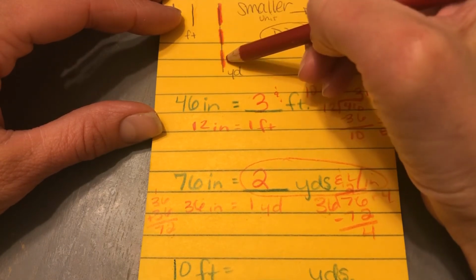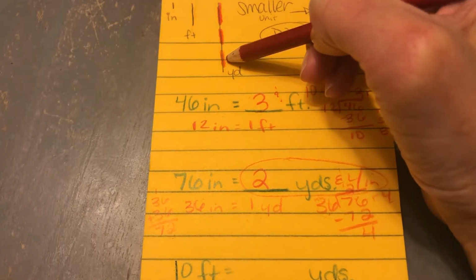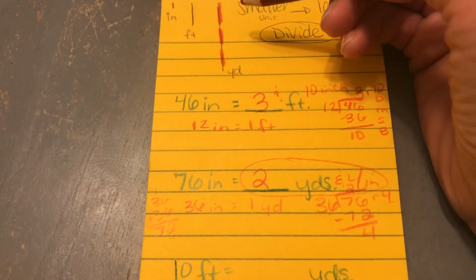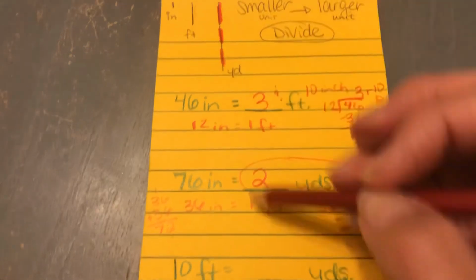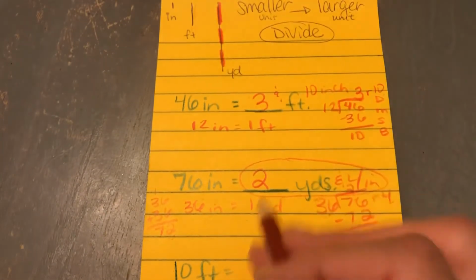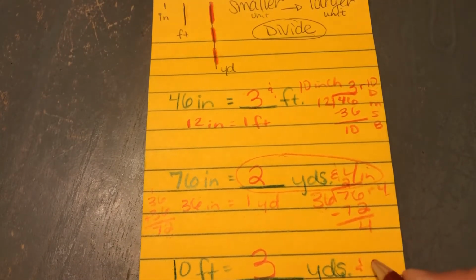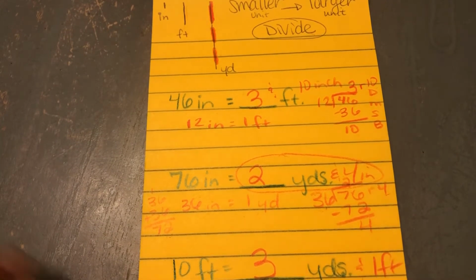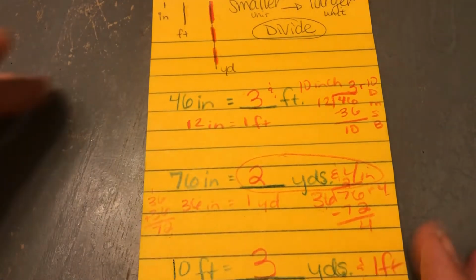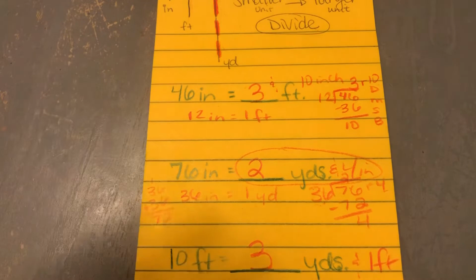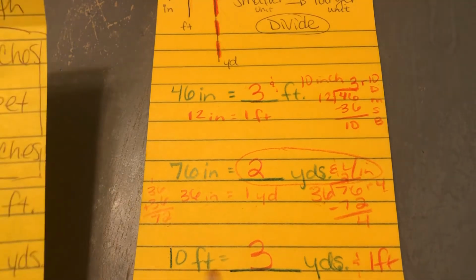Okay, so I already know that 9 feet would be 3 yards, right? 3, 6, 9. So 10, you can figure it out that way, that it's going to be 3 yards and 1 foot.